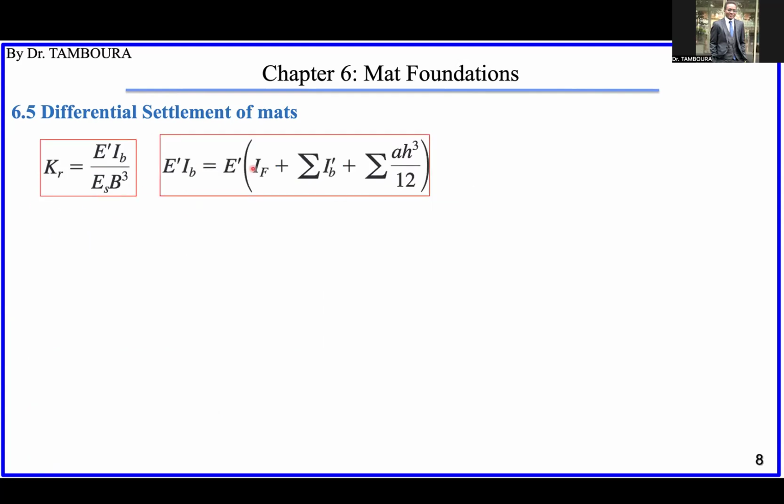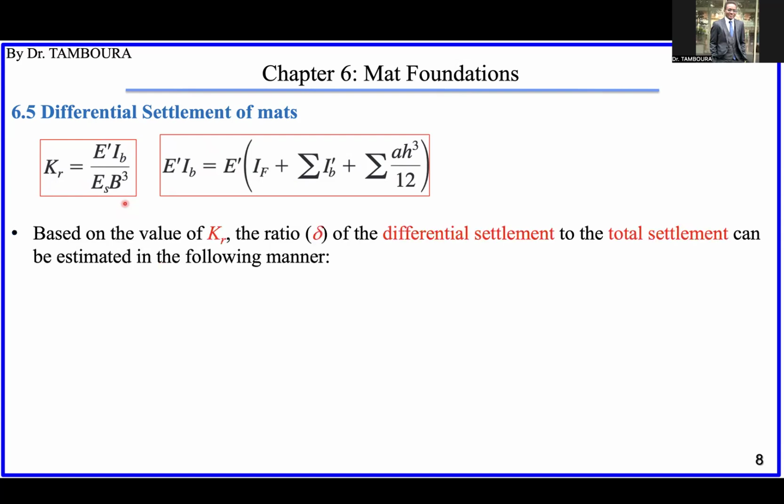So these two equations, I put them here. If you didn't understand this yet, it is not a problem. Don't worry. You will see at the end how to manage without them.